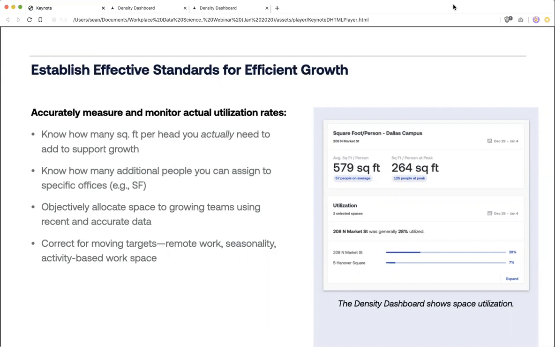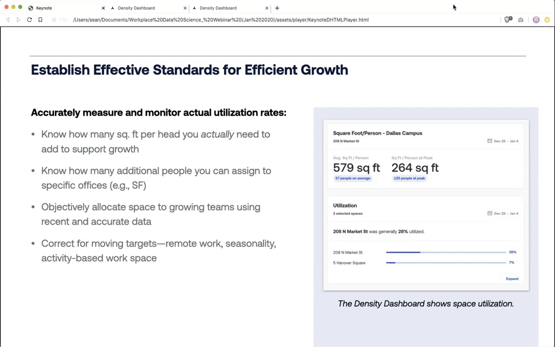Organizations are like organisms. They're always growing and shrinking in terms of headcount, in terms of where people are located, in terms of how teams are structured. And so the key is to really understand what do my own employees, not employees that I've read about in Fast Company that are at co-working or using desks a certain way or hot desking. It's really about what do my own employees need and how do I get the data to do that?